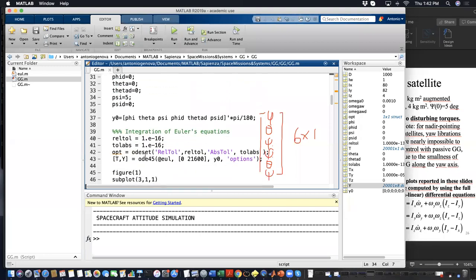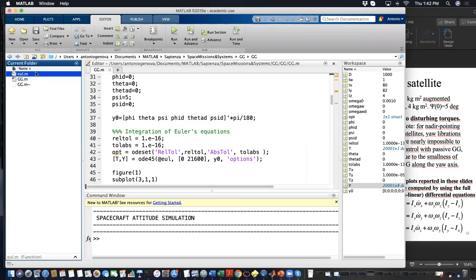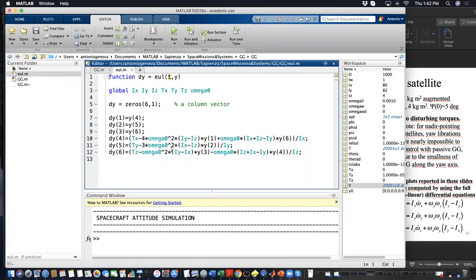As I said, this is pretty straightforward, because I wrote a subroutine that you can indeed use, in which I computed the dynamical equation by assuming the small angle approximation. So it's the equation that we have seen so far.